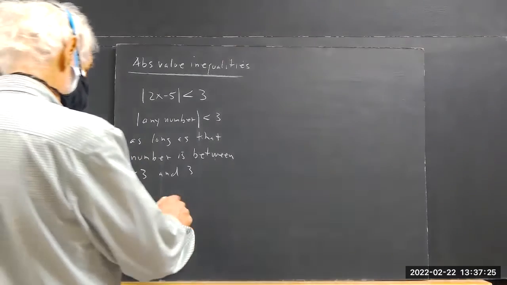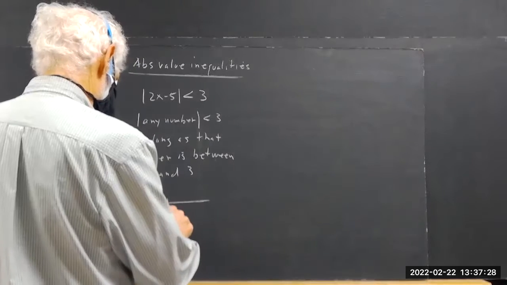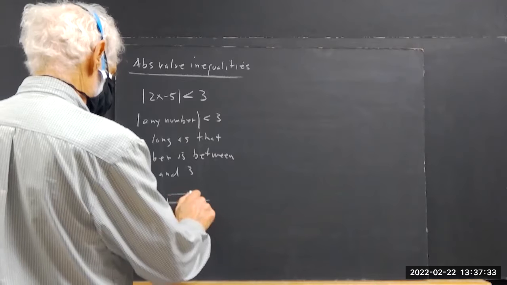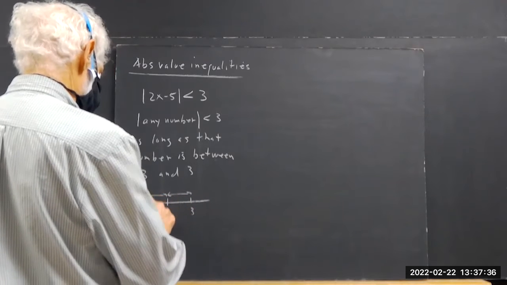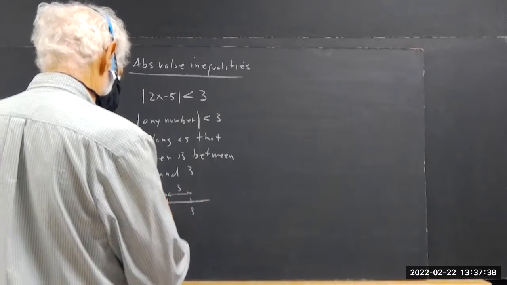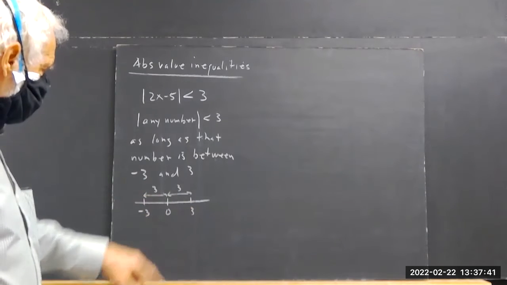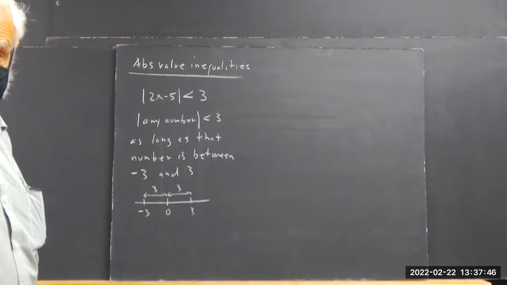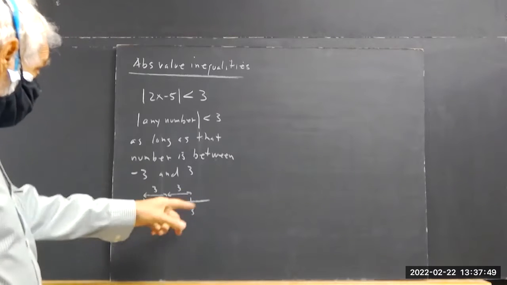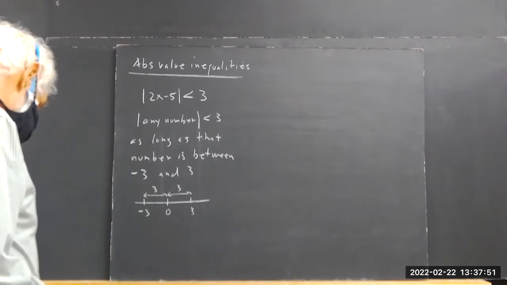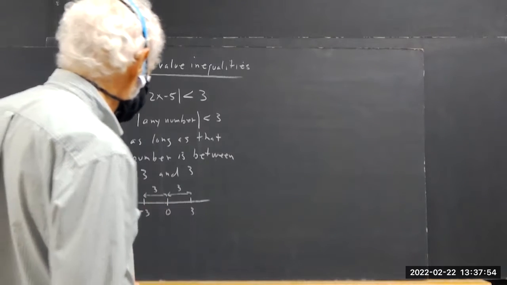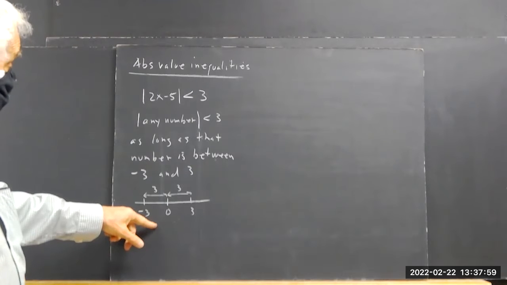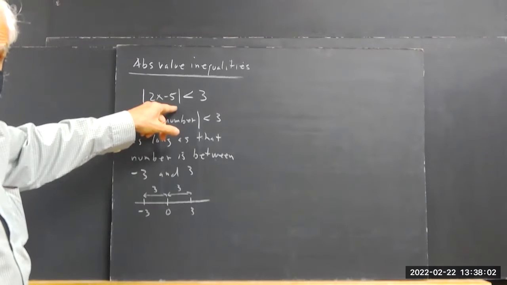Picture. Any number between -3 and 3 is within 3 units of 0, right? If you understand the picture I made before, right there is the picture you need. So that number has to be between -3 and 3. Now, of course, that number is your 2x minus 5, right?